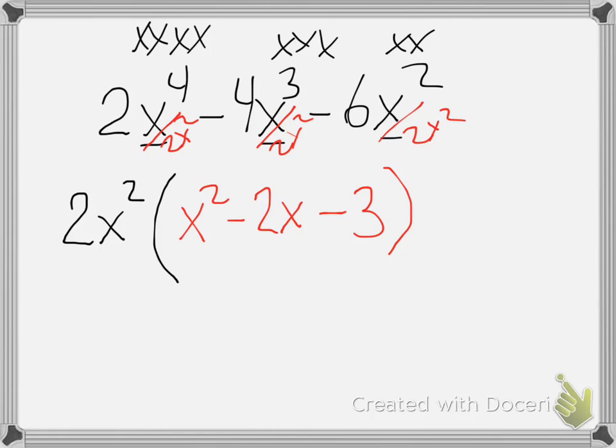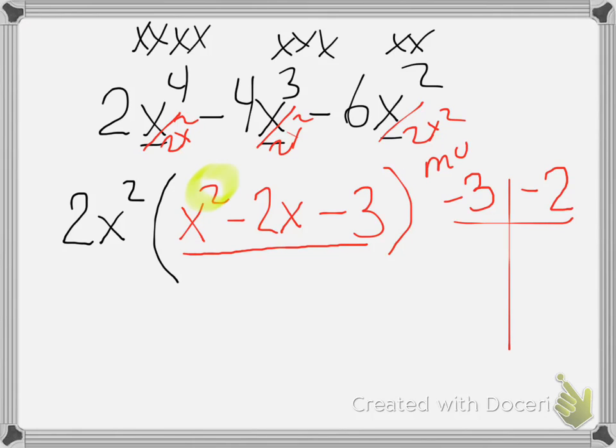Now once I have a trinomial and I notice that this x squared is there, that is a strong indicator that you can factor it. So what times what makes negative 3 but adds to negative 2? If it's multiplying to a negative, that means one of them is negative and one of them is positive.